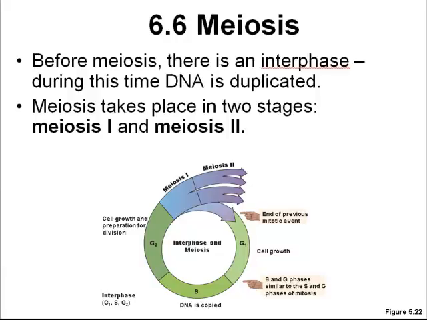Meiosis is different than mitosis because it takes place in two stages. As you see in our little diagram here, we have the interphase, G1, S, and G2, and at the end we have duplicated chromosomes, and then we have meiosis 1 and meiosis 2. We're going to talk about what happens in meiosis 1 and meiosis 2 over the next couple slides here.